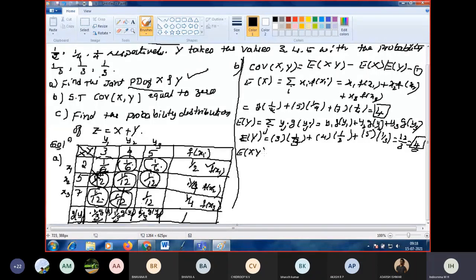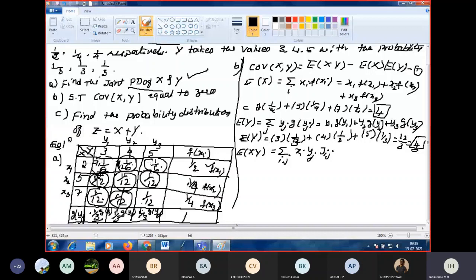Expectation of xy will be summation over i and j both, xi yj into fij. Please look at here. This cell is called f11. This cell is called f12. First row, second column, so it is row wise.